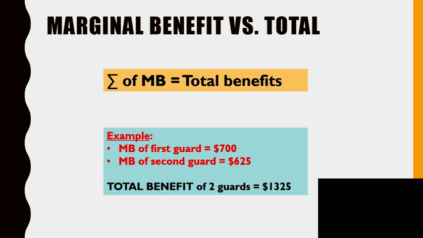The marginal benefit of the second guard was 625. Well, that's where we got the total benefit for 2 guards of 1,325. So is everybody with me? You added the marginal benefit of the first guard to the marginal benefit of the second guard, and that's where total benefits comes from. So bottom line, how do I get total benefits? I sum together the marginal benefits.